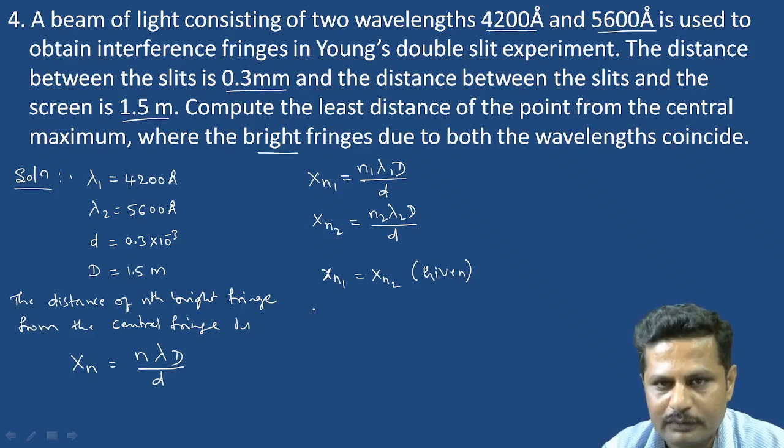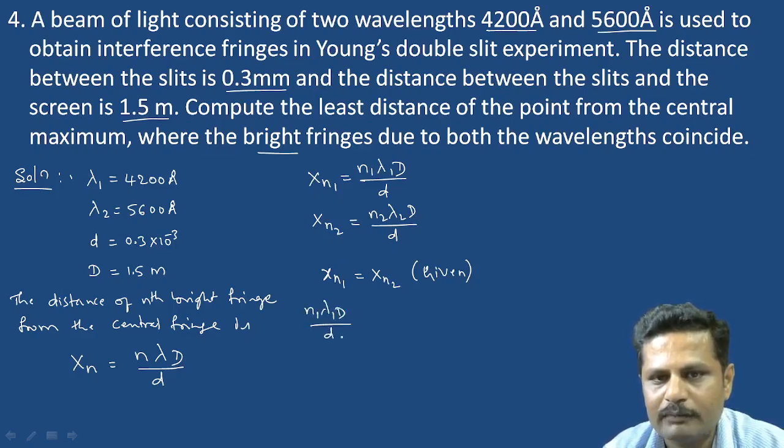So now xn1 is equals to n1 lambda 1 D divided by d, and xn2 equals to n2 lambda 2 D divided by d. Therefore we will get n1 by n2, where capital D and small d get cancelled. We will get n1 by n2 is equals to lambda 2 by lambda 1.